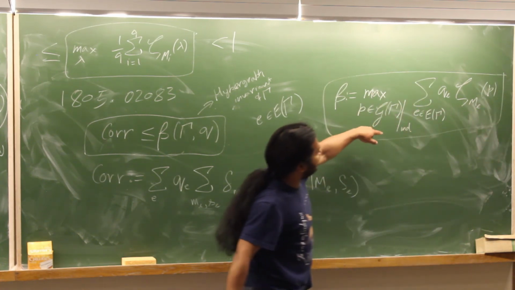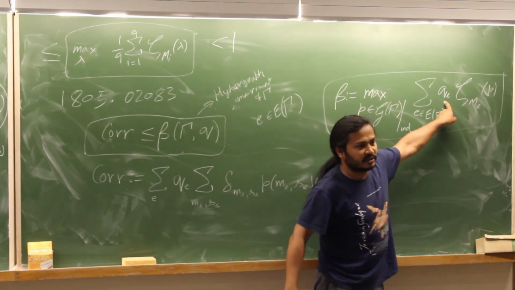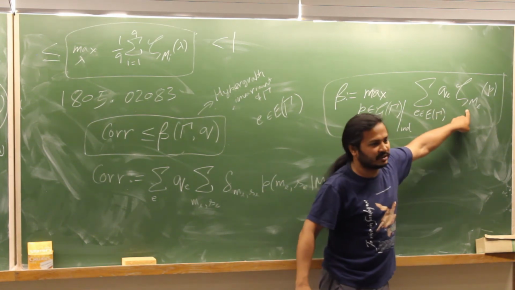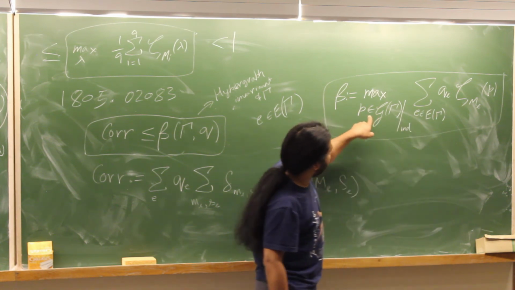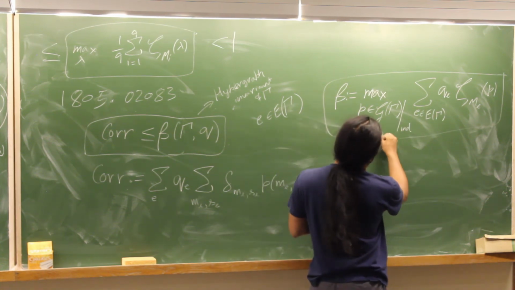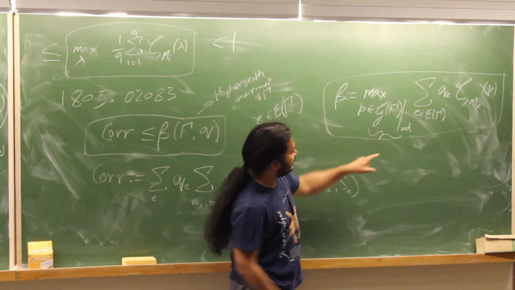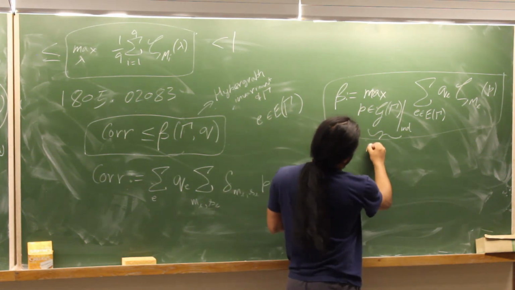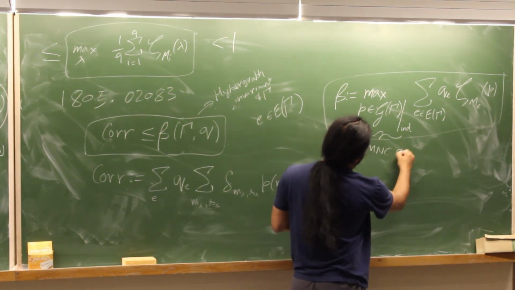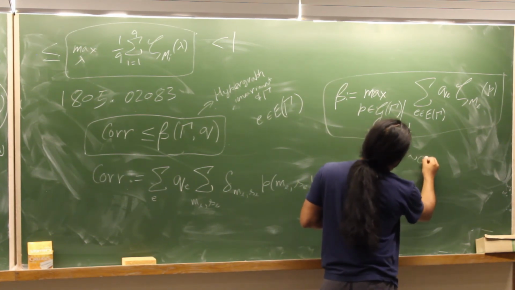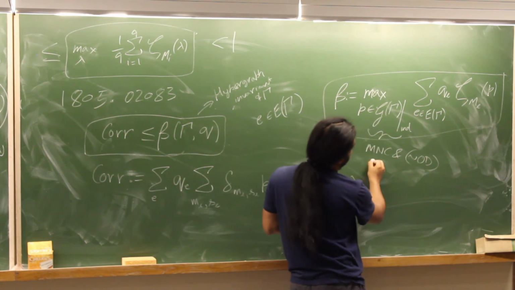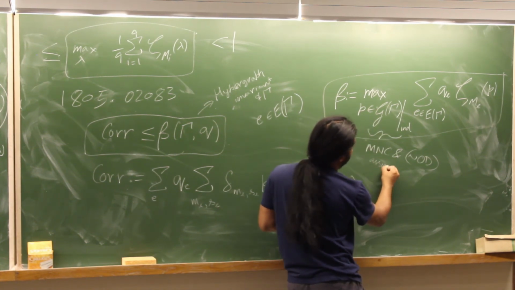So what is it saying? I call it the weighted max predictability, because it's weighted by these Q_E, which you maximize over. You can think of it as the measurement non-contextual and outcome indeterministic, and the ones which are not outcome deterministic assignments. Okay.